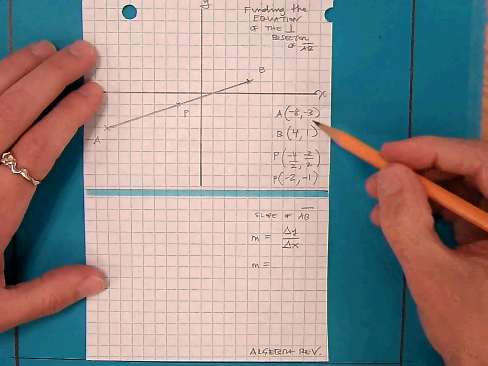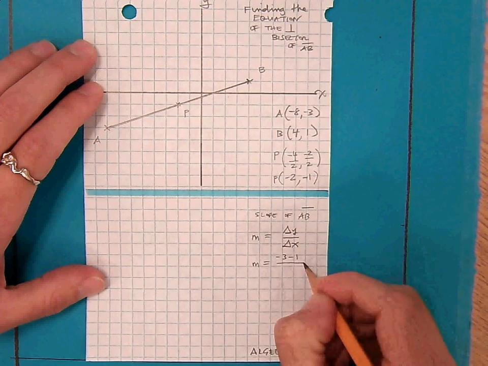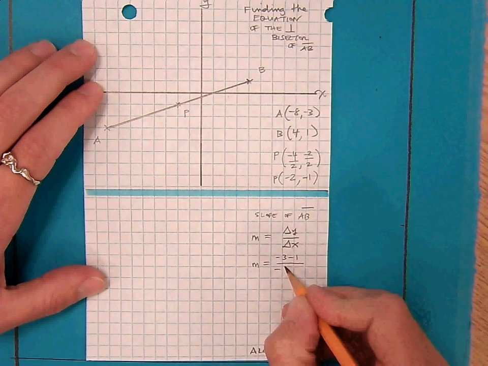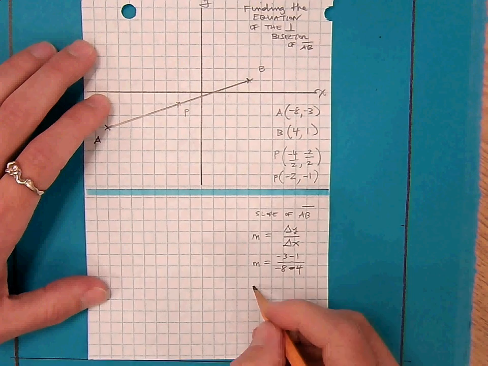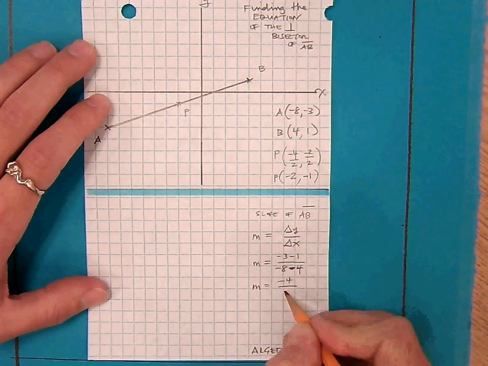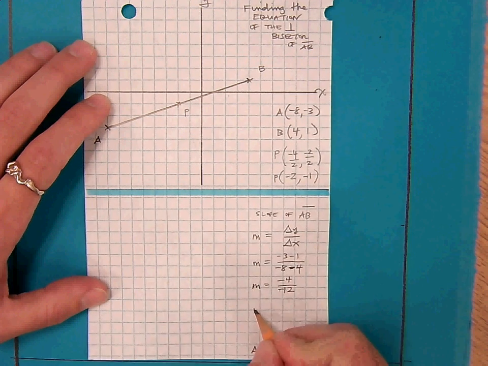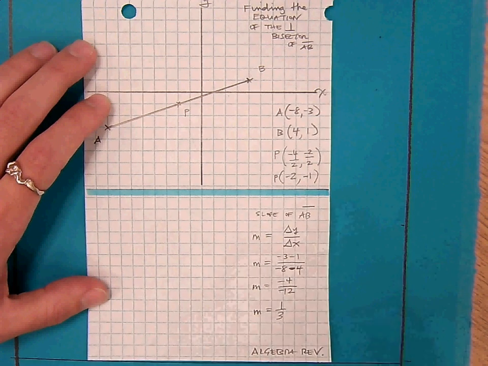Negative 3 minus 1 and negative 8 minus 4. Those are the x values. So reducing that, we get negative 4 as our numerator and negative 12 as our denominator, and that reduces, as you know, negative over negative is a positive, and 4 goes into 12 3 times. So we get a slope of 1/3.